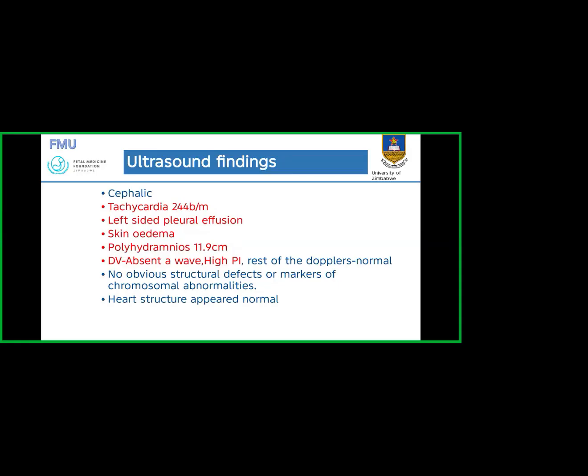So just as an example, one similar case we had was around 34 weeks. At the time, there was severe hydrops, or rather, it was worsening over time, so they had to deliver the baby. Post-delivery, fortunately, the neonatal unit was well equipped, so we managed to cardiovert the infant.